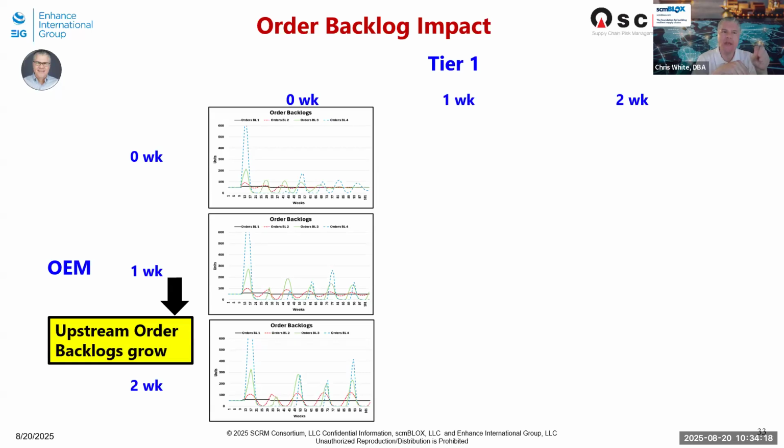And right here, if the tier one stays at 0, so the tier one is still ordering like they're supposed to, and here the OEM has 3 situations: not changing, delaying a week, delaying 2 weeks. And you'll see that the upstream order backlogs begin to grow. If you look, the spikes start to get bigger and bigger.